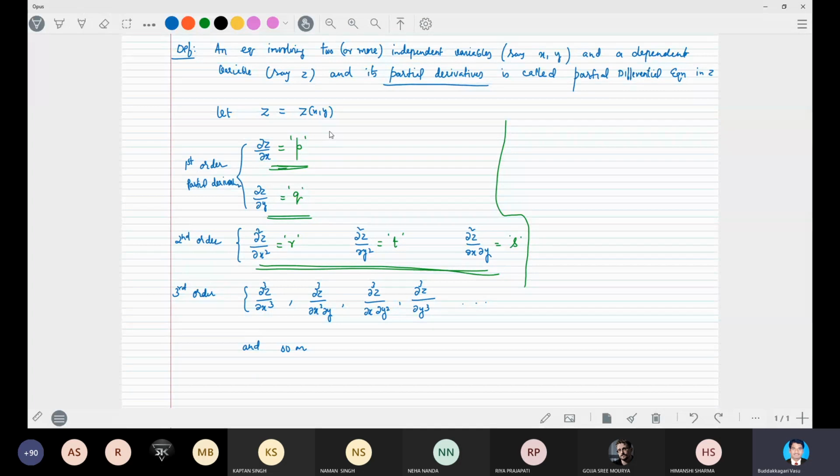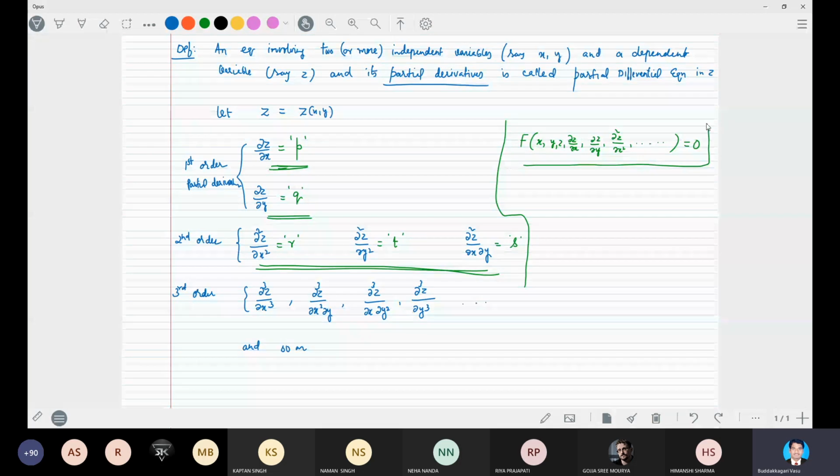Therefore, the general form is f of x, y, z, ∂z/∂x, ∂z/∂y, ∂²z/∂x², and so on, where there may be different orders of derivatives involved, is equal to 0.